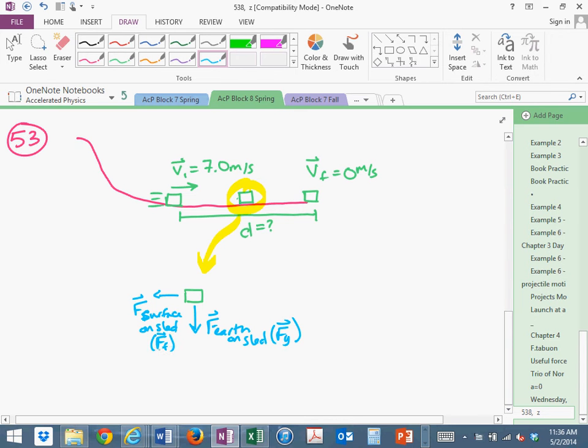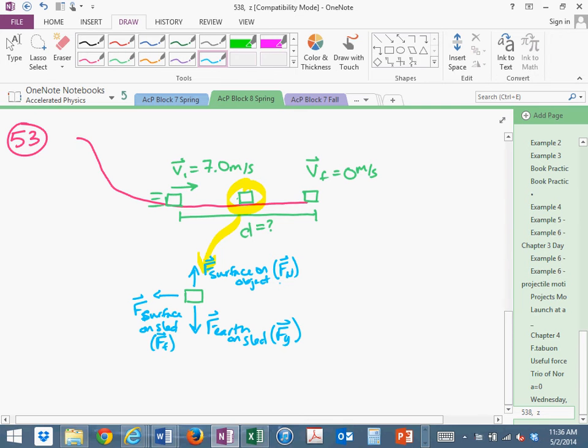Are there any other forces acting on her? What you got? Normal force. How do I label that one? Surface on sled. Let me ask a question before. Are there any other forces?